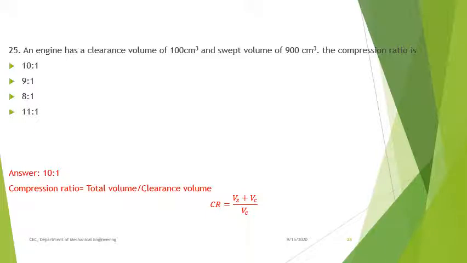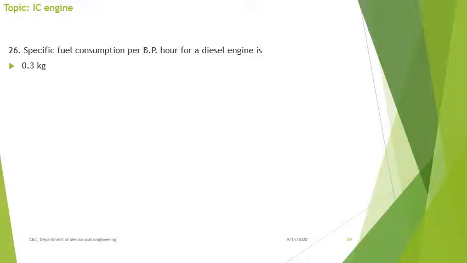That is, compression ratio is equal to Vs plus Vc by Vc. So this is the relation to find out the value of compression ratio. Specific fuel consumption per BP hour for a diesel engine is 0.3 kg, 0.35 kg, 0.2 kg, 0.25 kg.